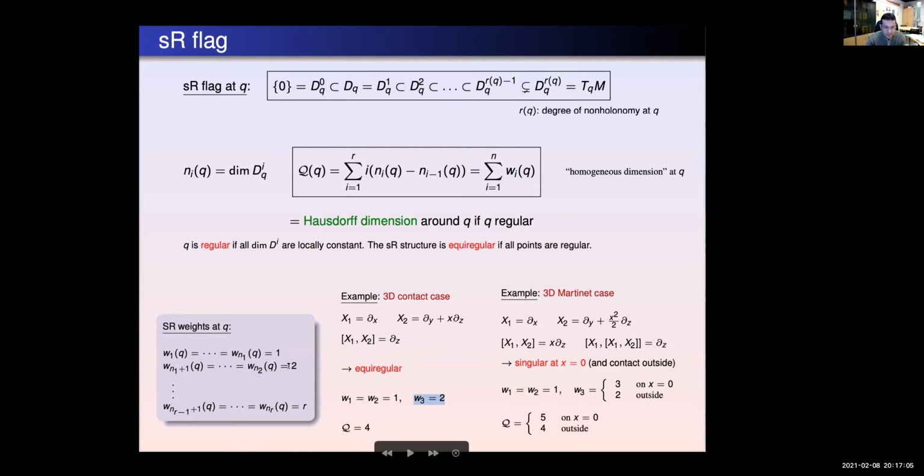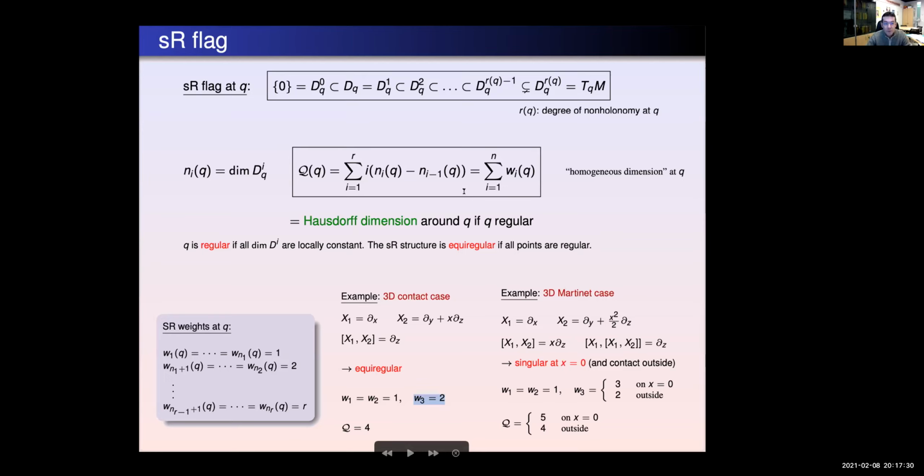So the definition of the sub-Riemannian weight of some coordinate is a kind of complexity of how you can realize this coordinate. It is the minimal length of Lie brackets that is necessary to reach this coordinate. This is the definition of sub-Riemannian weights.